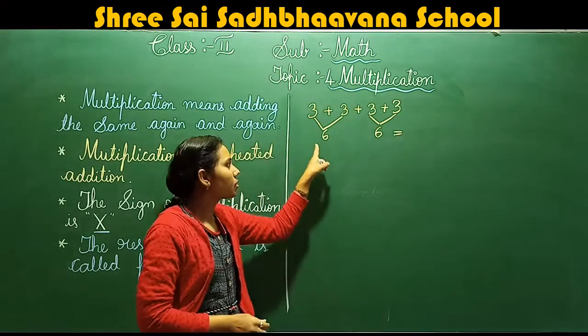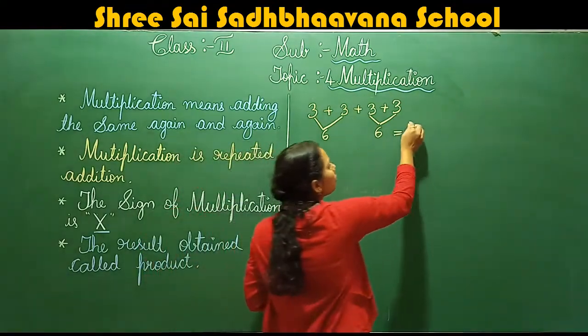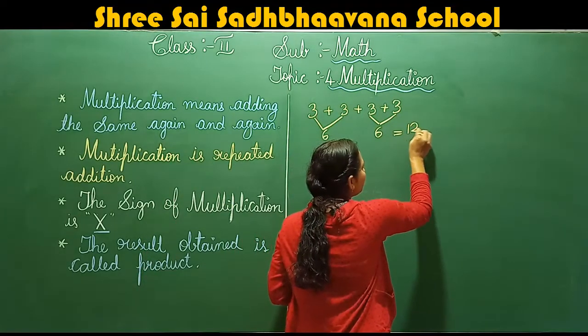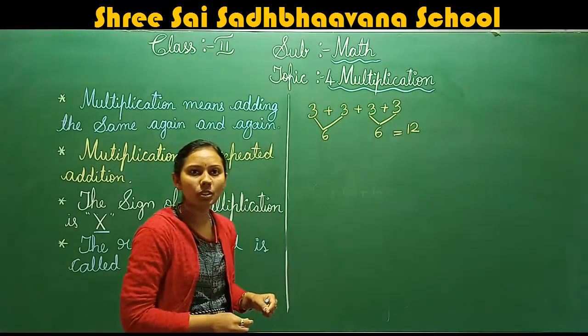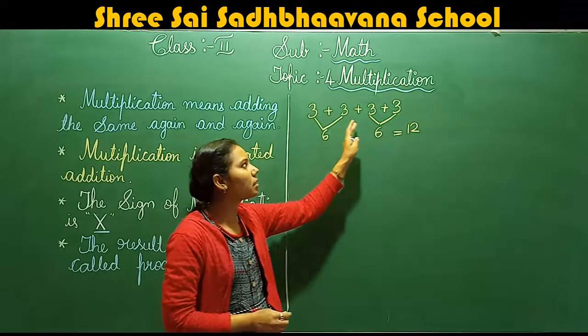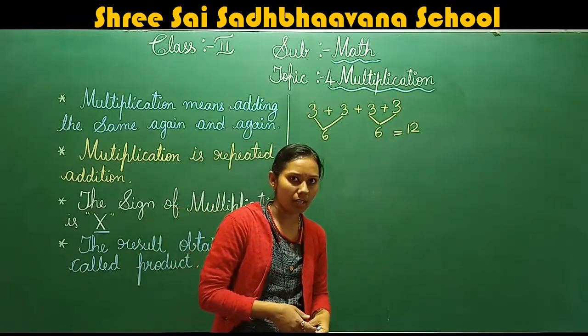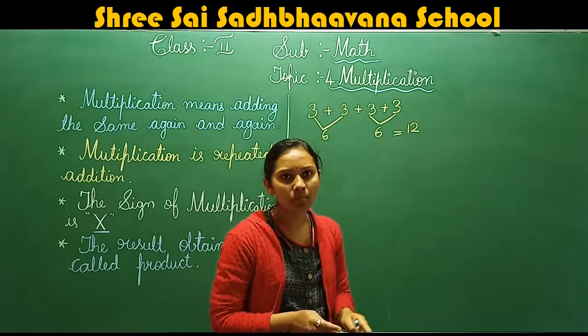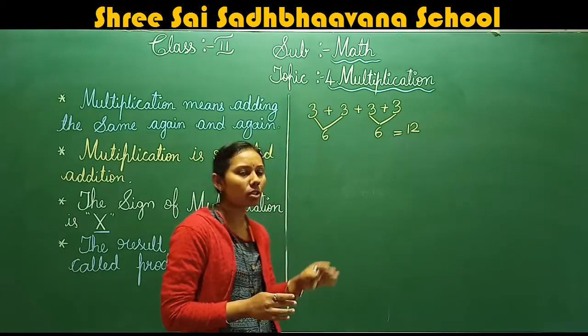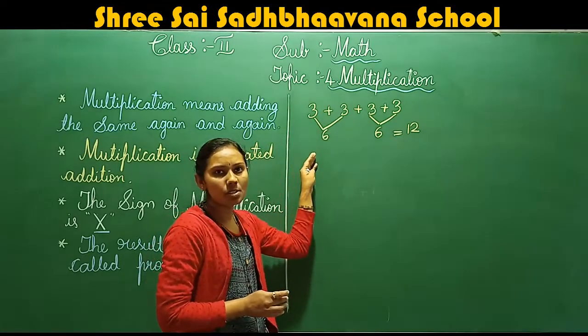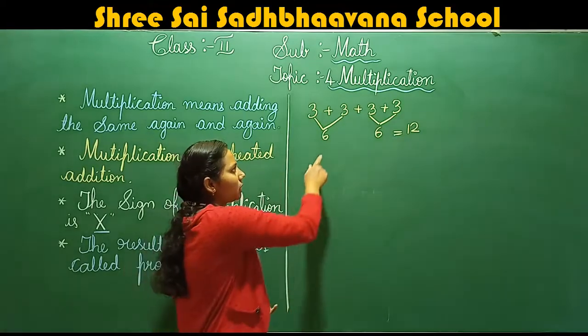Right, children? So 6 plus 6 is 12. Got it? So when we add numbers like this repeatedly, it will take a lot of time. So if I need the answer in a short time, we can use this method.